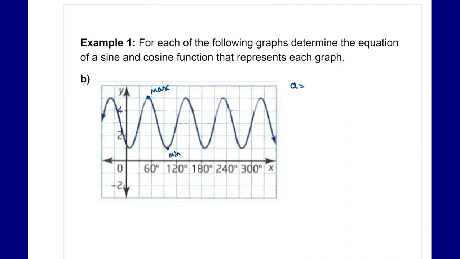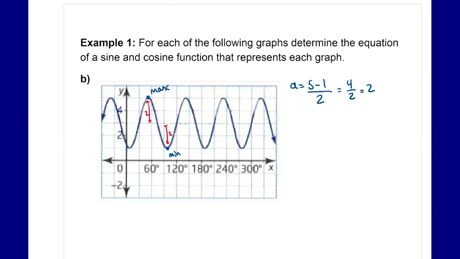So it is going to be a maximum of 5 minus 1 divided by 2. So I have 4 divided by 2, or 2. So my A value is 2, which again does make sense.